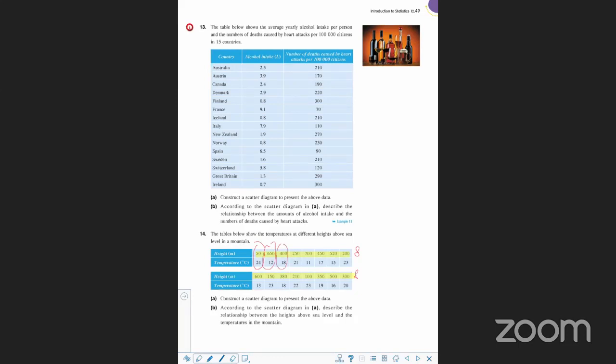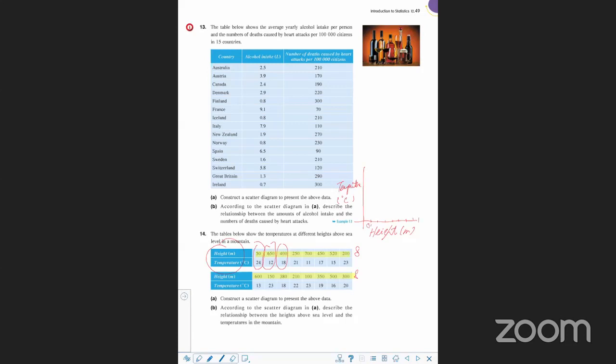Now I just give you an idea first, and then I will use a graph paper to show you how to draw it. It means we have two axes like that. We are talking about the height and the temperature, and therefore you use one axis, for example the horizontal axis, to represent the height in meters. And the other one will be temperature in degrees Celsius.